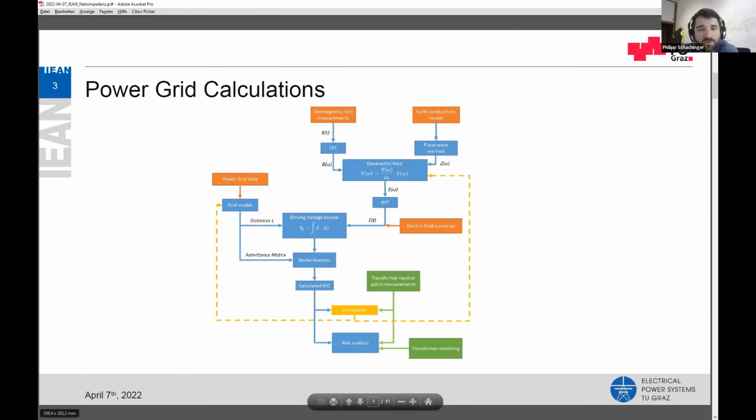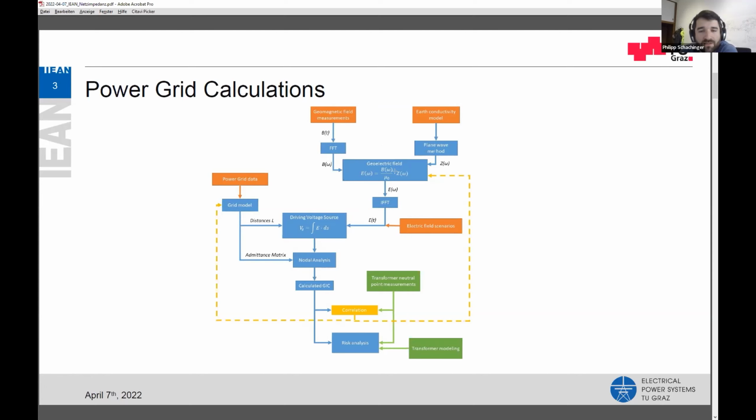Exactly. So what we are doing as one part of our studies at Graz University of Technology is that we calculate those GSEs. We start on top with magnetic field measurements, do a little bit of transformation, and combine it with Earth models to calculate an electric field, which is a little bit simplified.